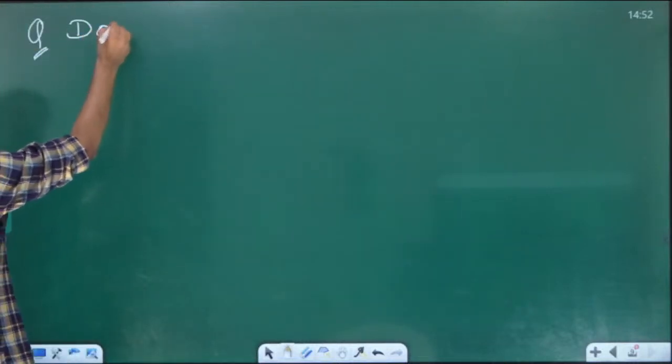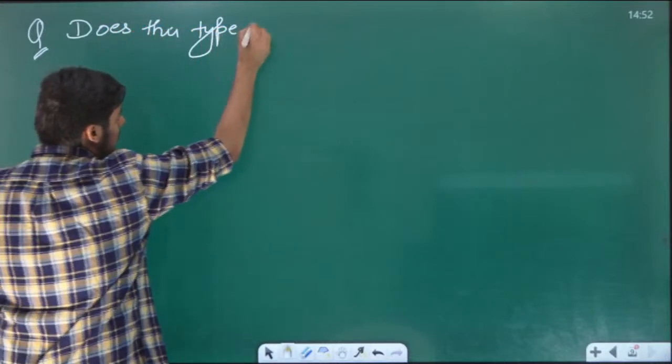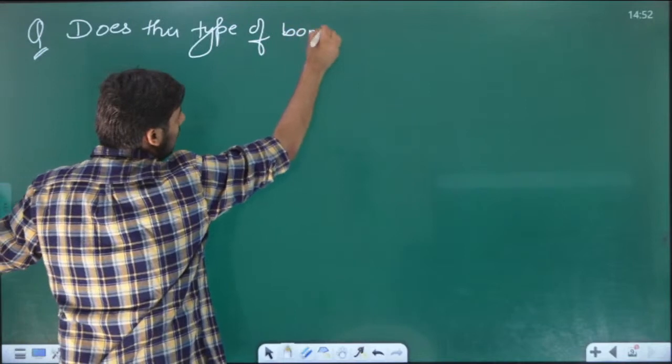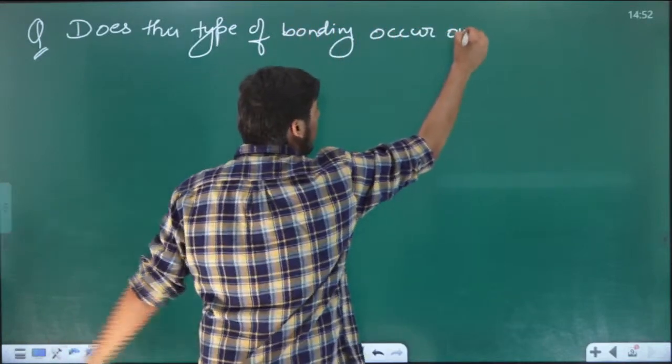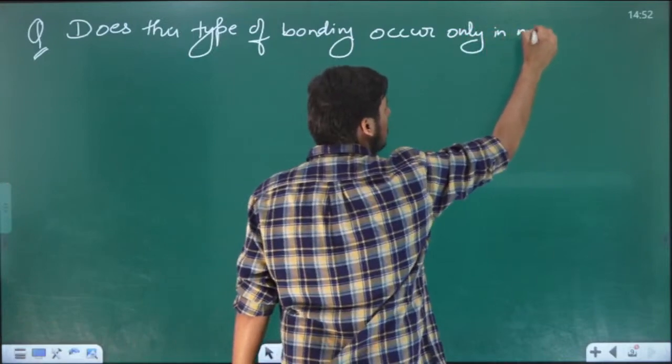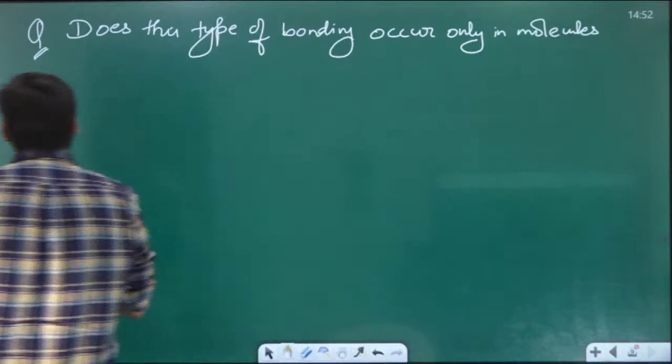Does this type of bonding occur only in molecules having incomplete octet?